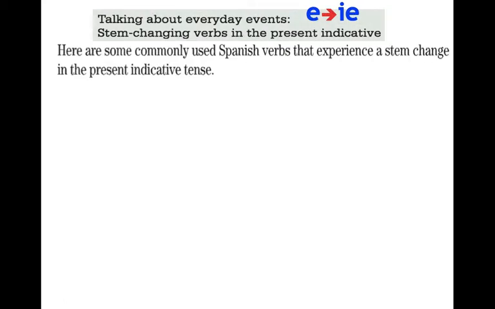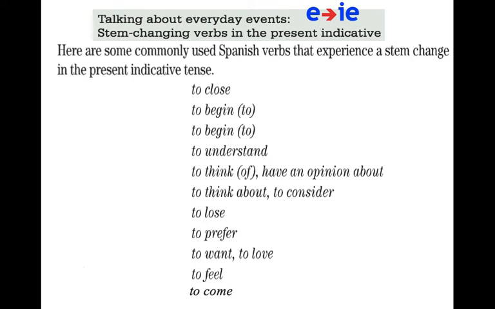So let's see if you can remember any of these at this early point in español. ¿Cómo se dice to close? Repita, cerrar. To begin, that begins with the letter C. Repita, comenzar.